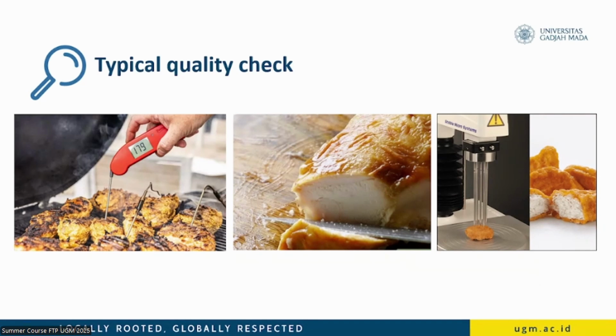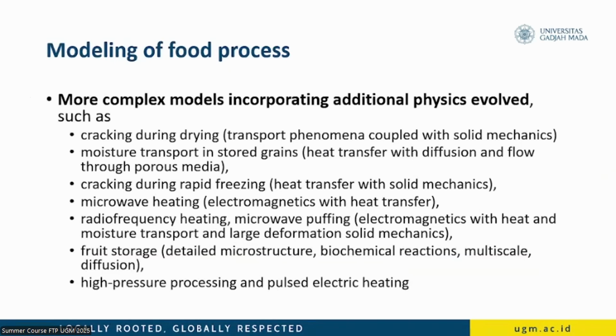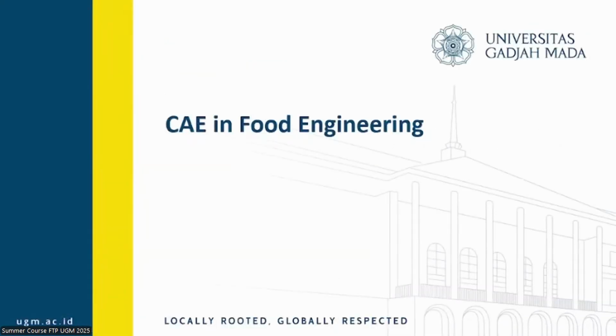You check the temperatures, you check the texture, whether it's overcooked or undercooked, or it's already well done, so it's ready to be consumed. Okay, this is a more complex model incorporating additional physics. Okay, I will skip this.